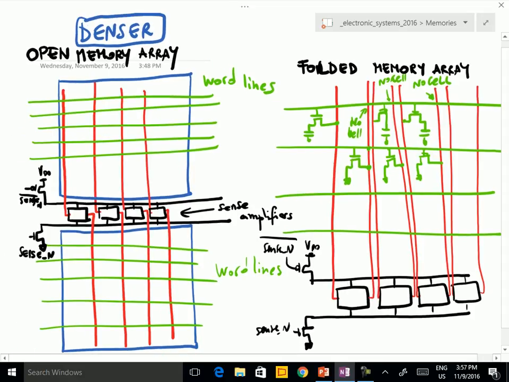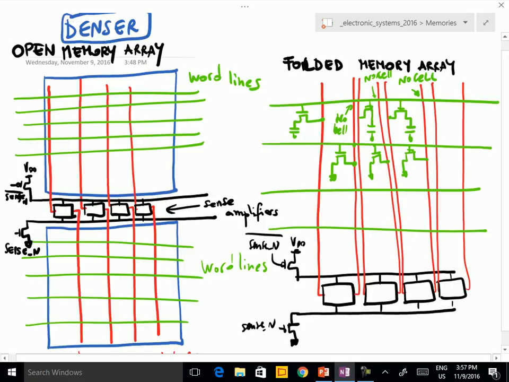because this is something that is not obvious, but the open memory array is more sensitive to the so-called substrate noise. Sometimes there is a local disturb in the array, for example, a coupling through the substrate to some variation of the voltage in circuits that are close by.